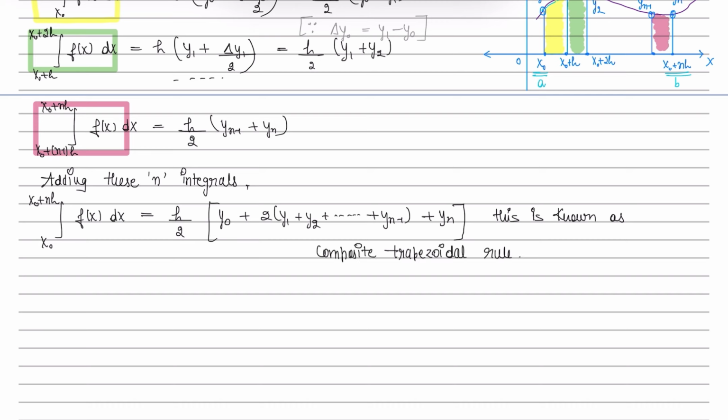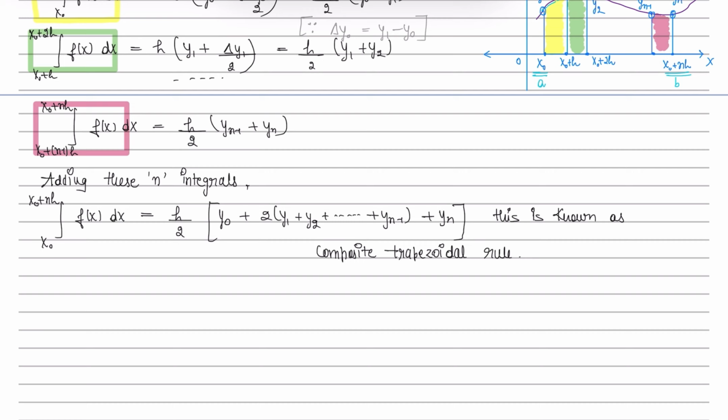Understand that if we are finding the area of each strip separately, then it is known as trapezoidal, and if we are finding the area under the curve from point A to point B, which is approximately equal to the sum of the areas of all the n trapezoidals, that is known as the composite trapezoidal rule. One strip, only trapezoidal rule. Sum of all the strips, composite trapezoidal rule.